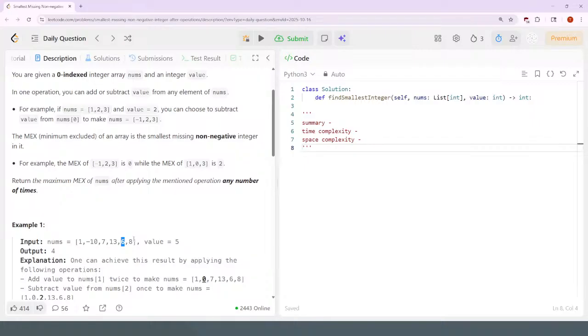So like 6 can become 1 or 11, but 1 can also become 6 or 11. So you can just do a greedy approach to determine the first thing that this can exclude that hasn't been excluded before.